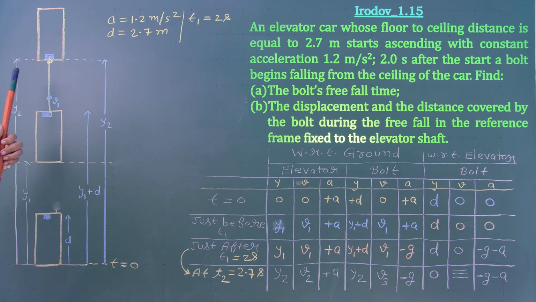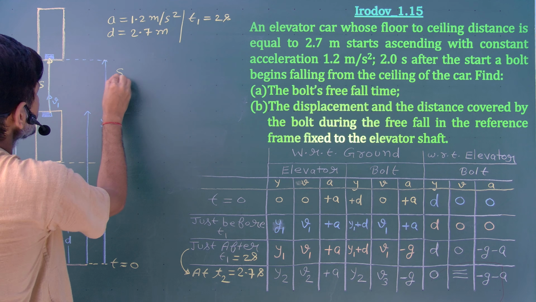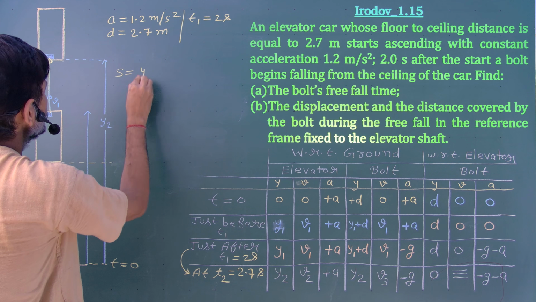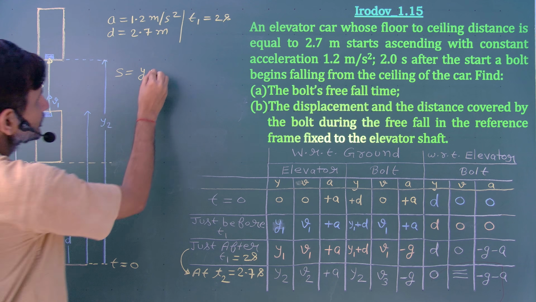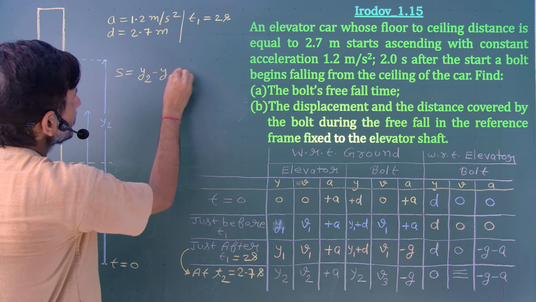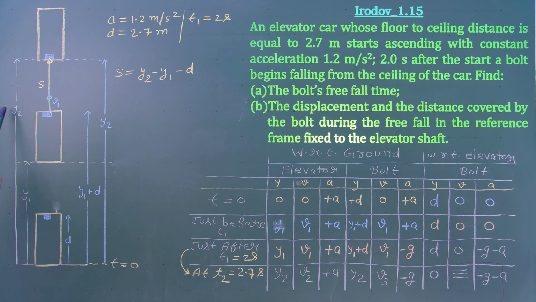So this is the displacement, not the distance. What is this displacement? This is y2 minus y1 plus d. So this displacement S equal to y2 minus y1 minus d.